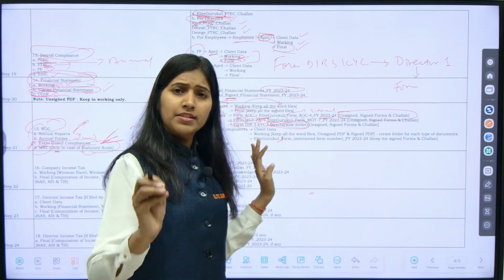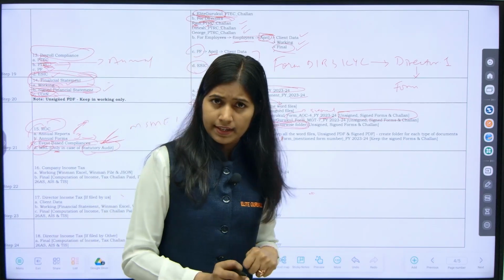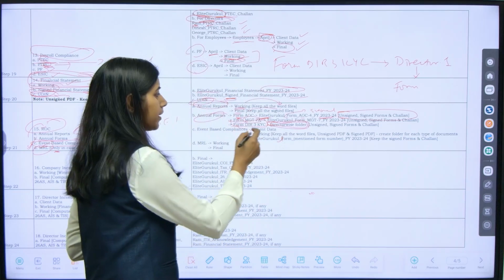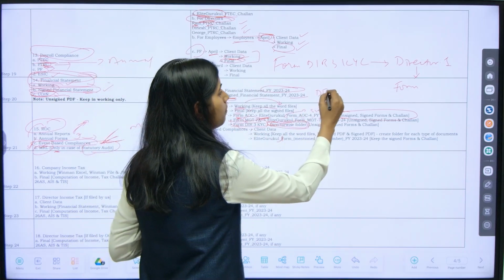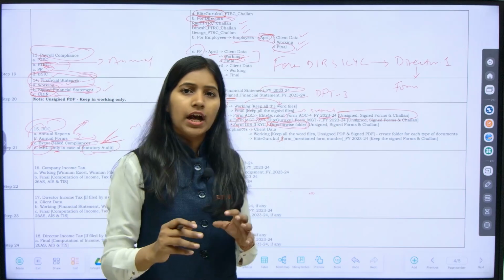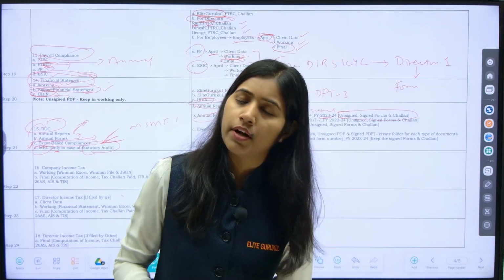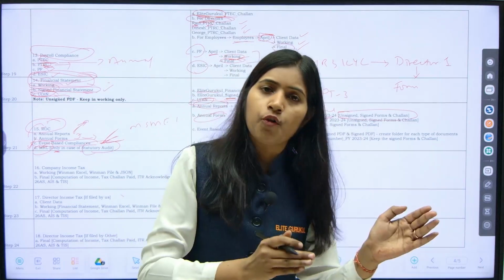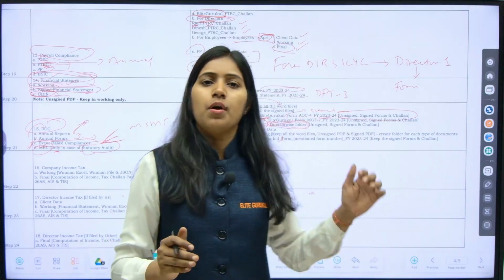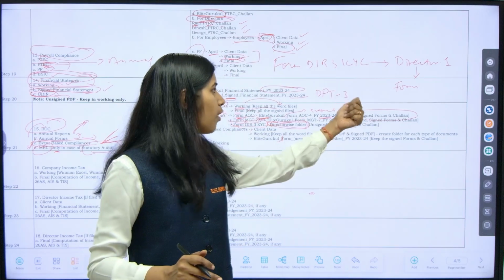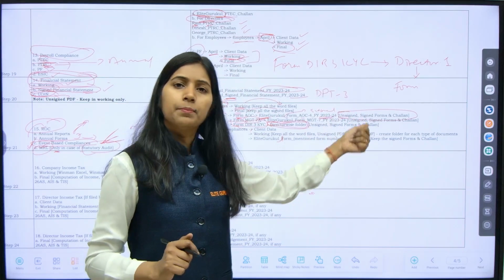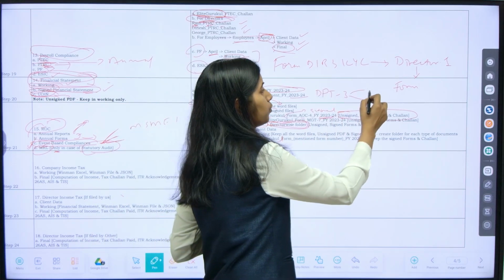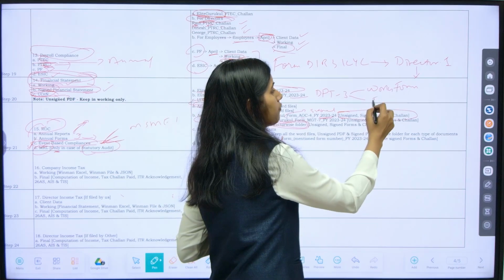If there is a company for whom DPT3 is mandatory, then your fourth folder will be for form DPT3. So I can assume that if you prepare so many folders, you are aware for which form you have to create a folder. Under annual forms, the fourth form will be DPT3. Under DPT3, you are supposed to put two things, working and final.